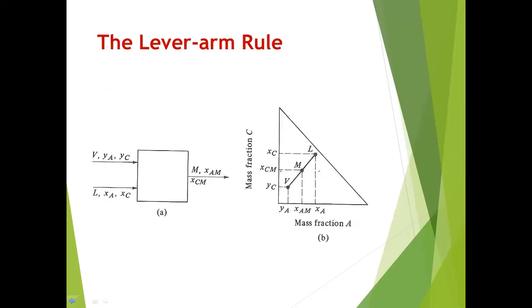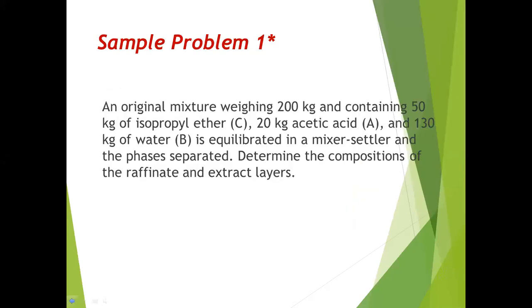Let me go back to sample problem number 1. You have an original mixture of 200 kilograms and it contains the following composition. It was equilibrated in a mixer settler.